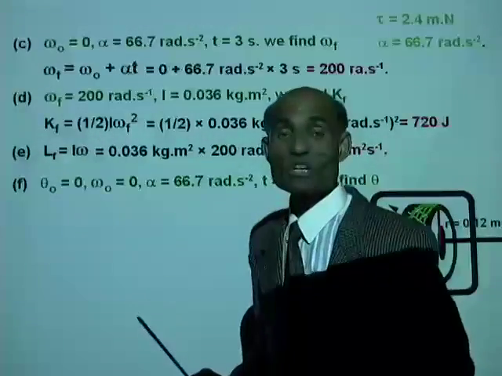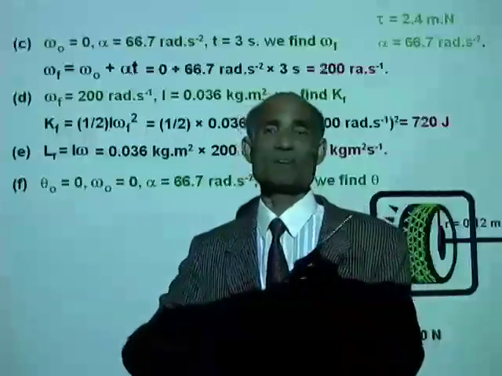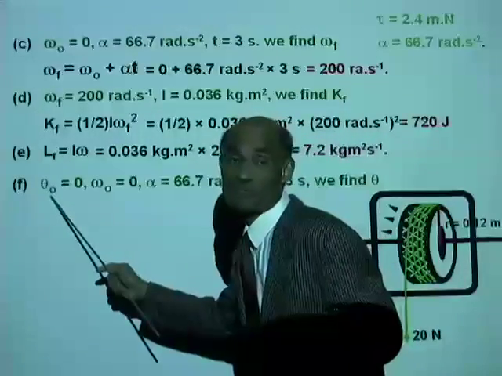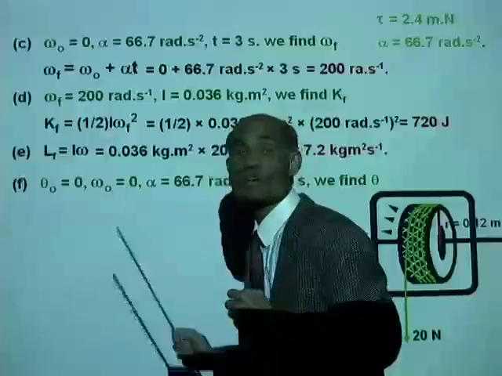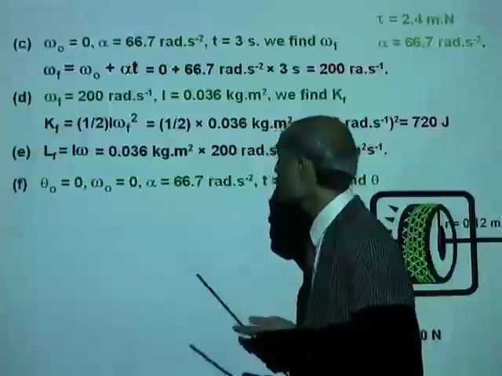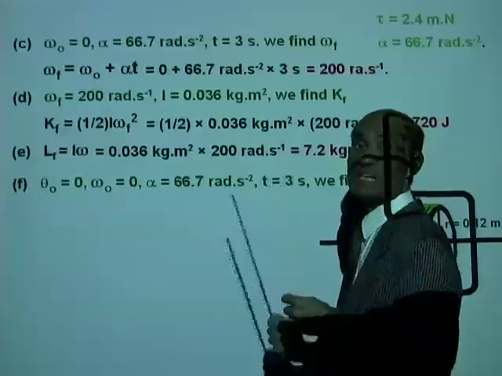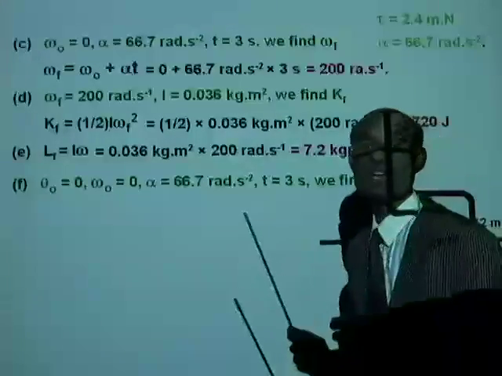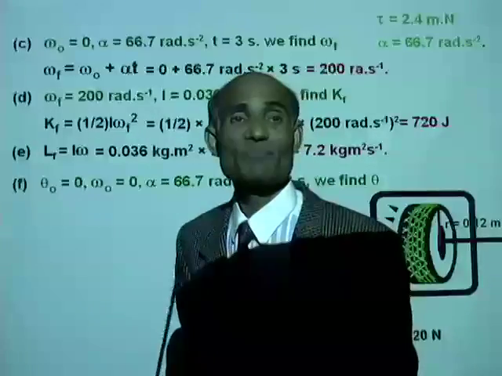Now, what is the total angular displacement during this time, during these 3 seconds? We know that theta 0 is 0, we say starting from 0. Omega 0 is 0, is that right, starting from rest. Alpha is 66.7 radian per second squared. T equal to 3 seconds. We need to find theta, the angular displacement. Which of the equations will you use?